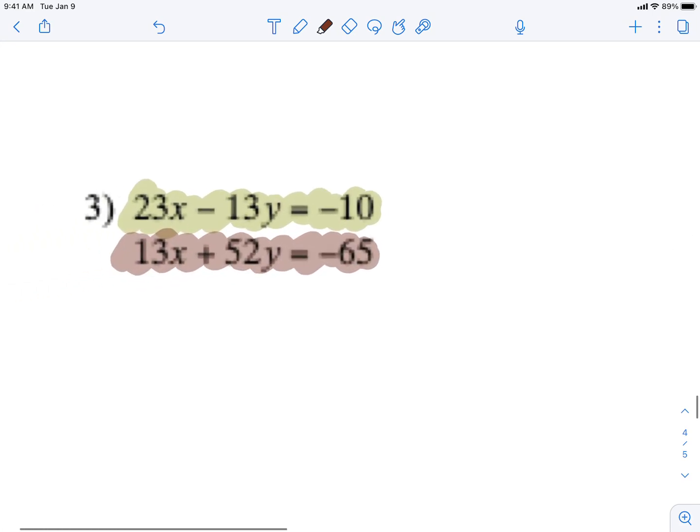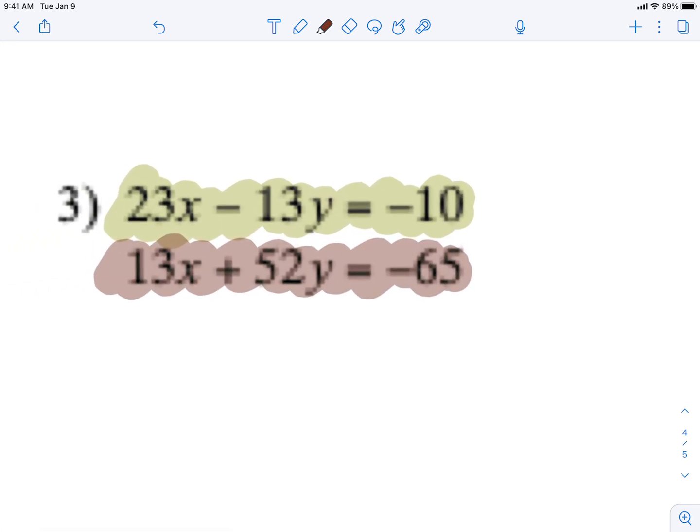Okay, sorry everybody. I have to multiply one of the equations to get to the number that matches here. So you see this 52 here? If I multiply negative 13 times 4, it'll give me negative 52, and it'll cancel with this positive 52.